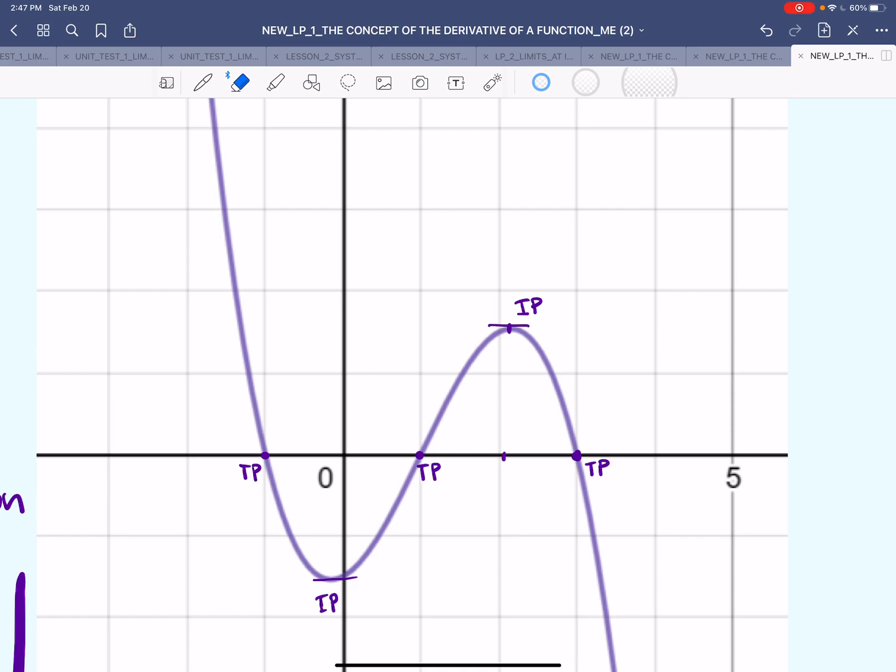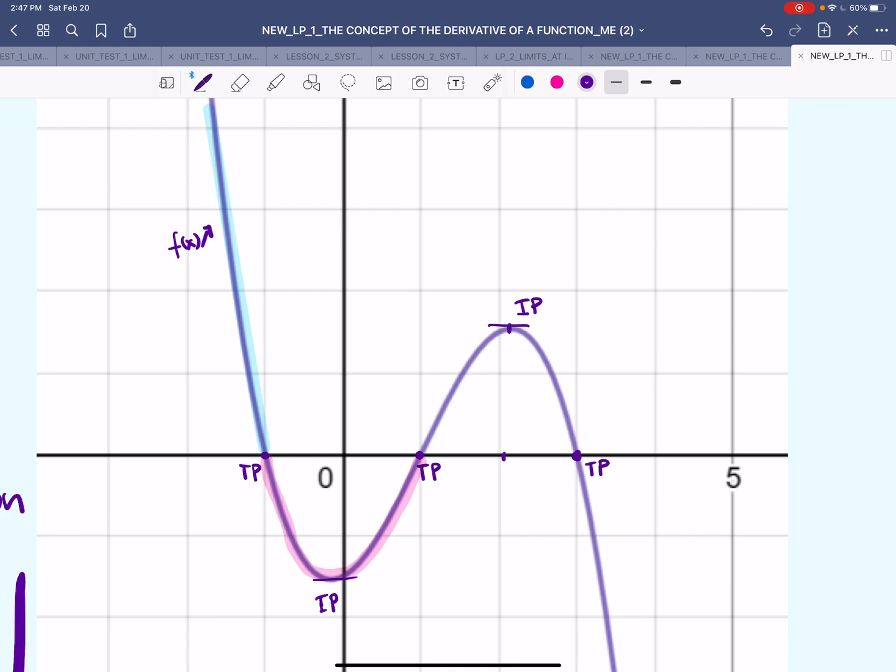Now, the next thing we want to look at is increasing and decreasing intervals. So here we have f of x increasing, why? f prime is positive. So we're going to say f of x is increasing. Moving on, here we have derivative below the x-axis.